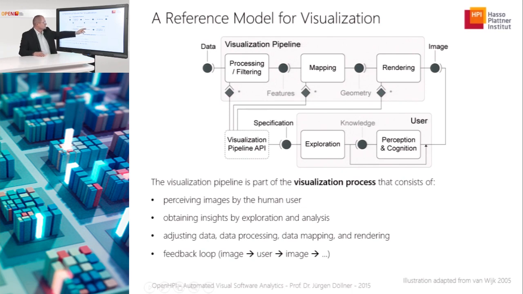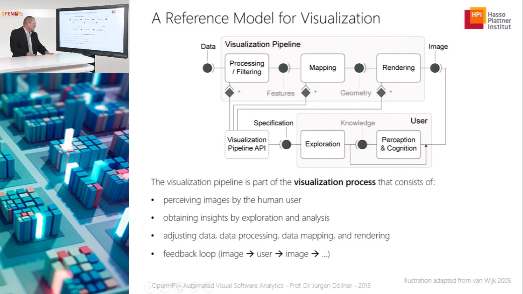And based on this information acquisition process, we may change the specification, we may change the pre-processing or the mapping or even rendering parameters, such that we can better explore and better understand the visualized data made visible by processing the data through the visualization pipeline.